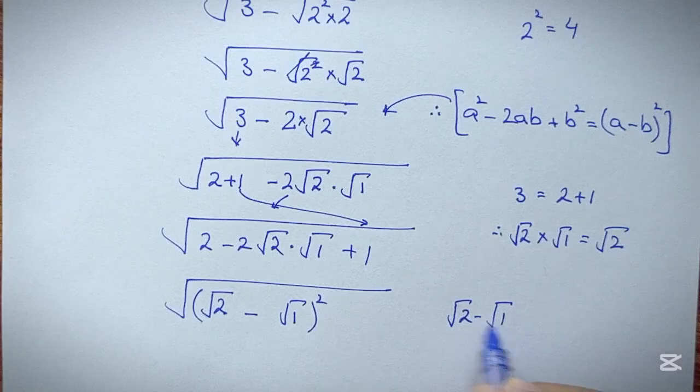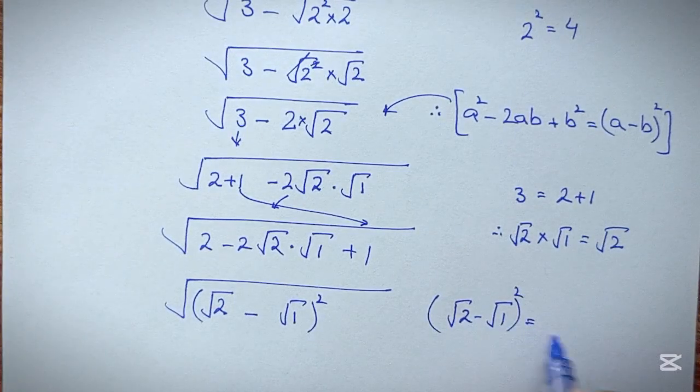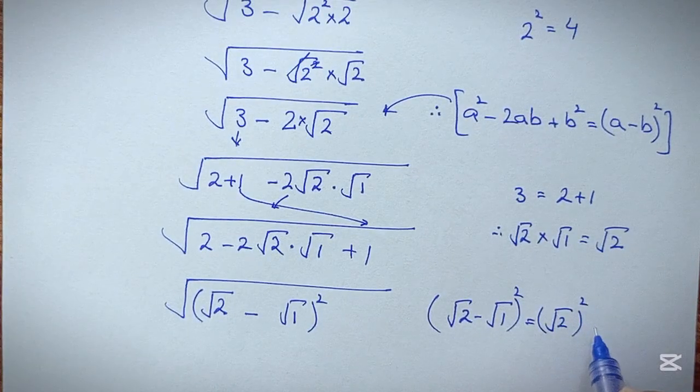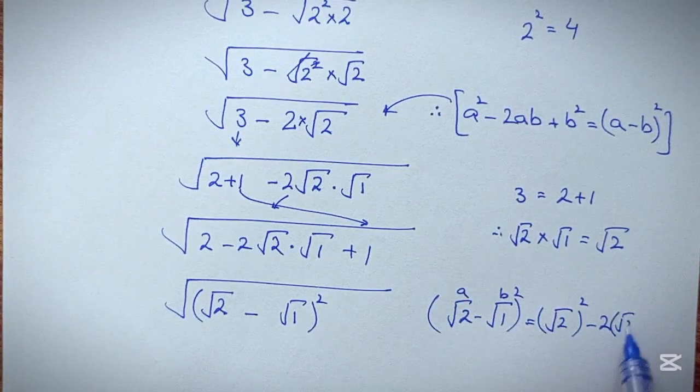Under root of 2 minus under root of 1 whole squared equals under root 2 squared minus 2. Here assume these two numbers are a and b for negative 2ab.